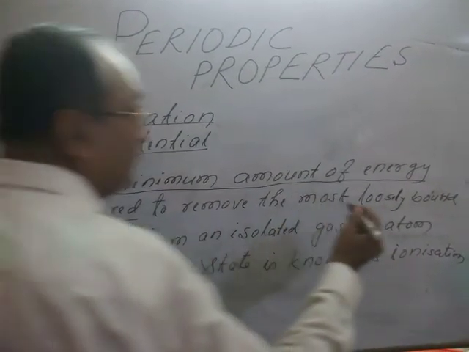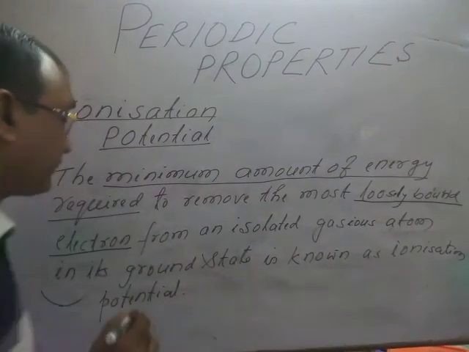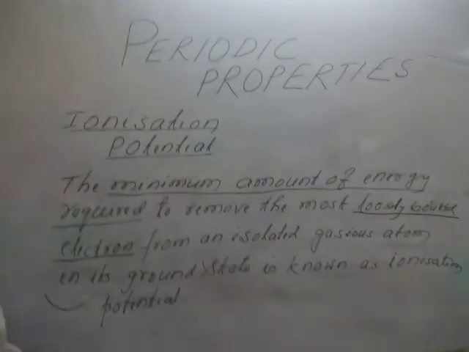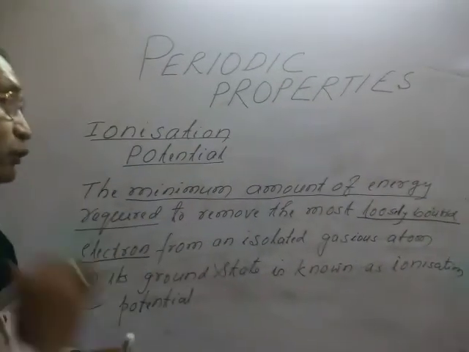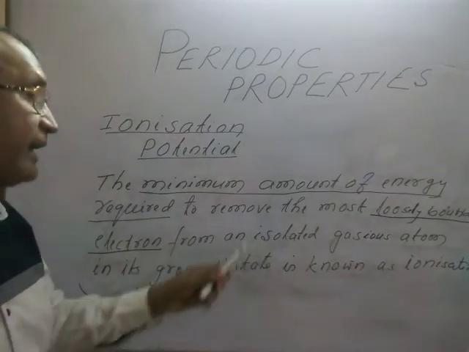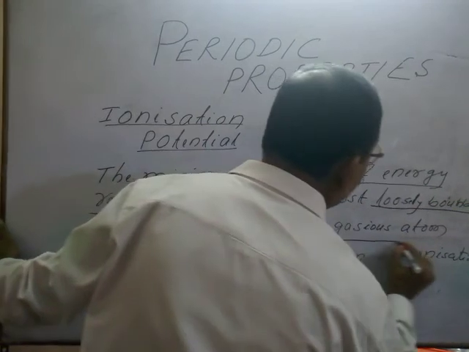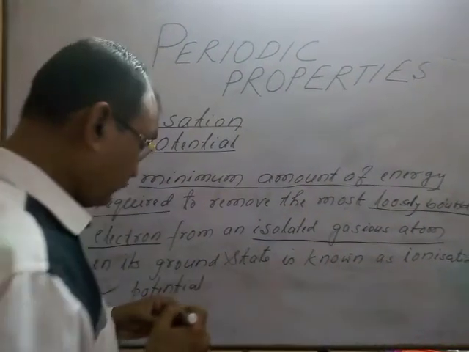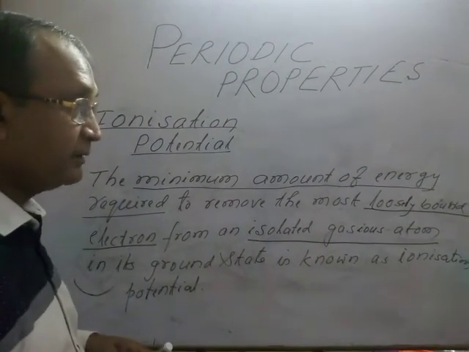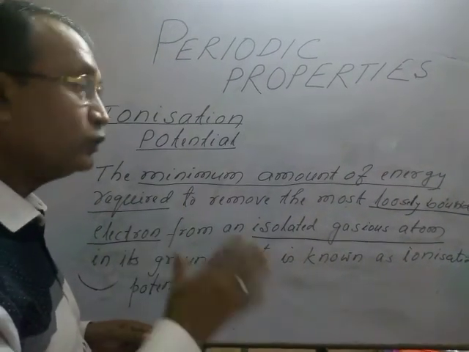To remove the most loosely bound electron: most loosely bound electron means the outermost cell electron, which is loosely bound, from an isolated gaseous atom. It should be isolated, not forming any compound with anything else, and it should be in gaseous form, not solid, not liquid.